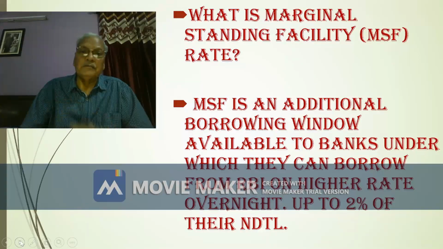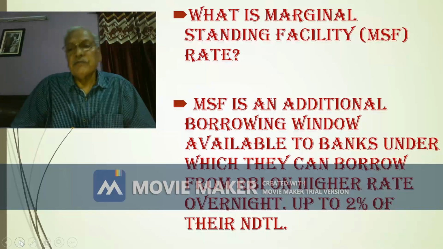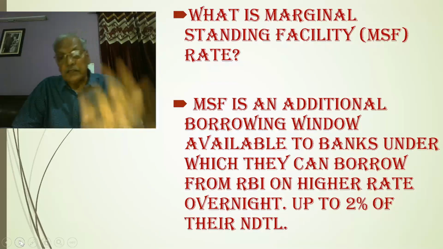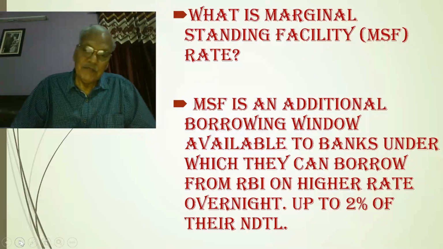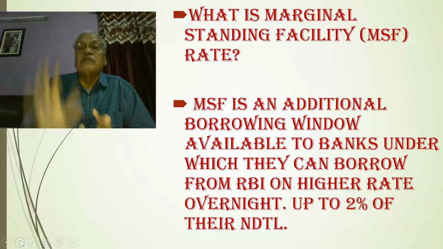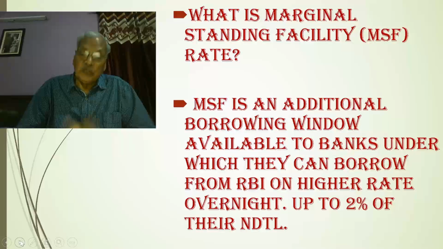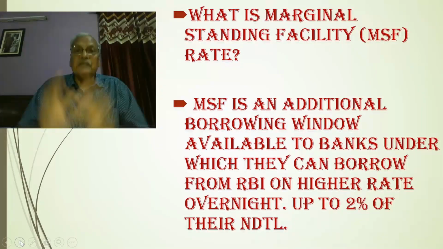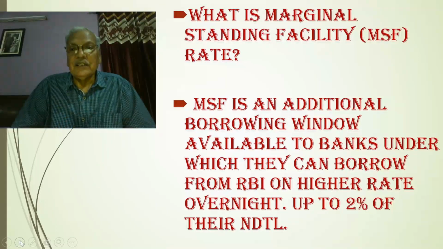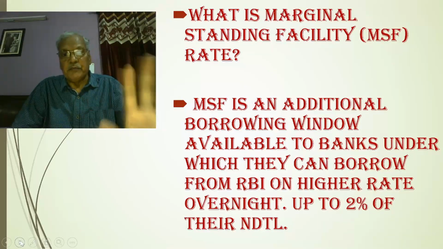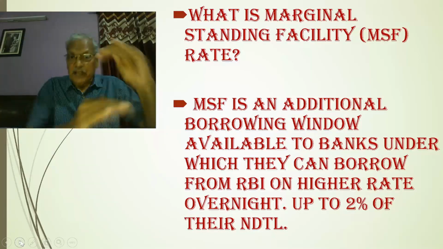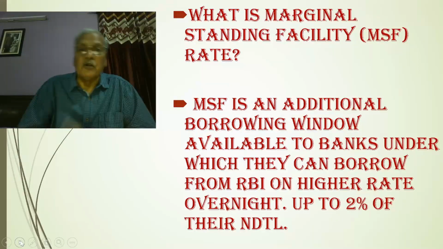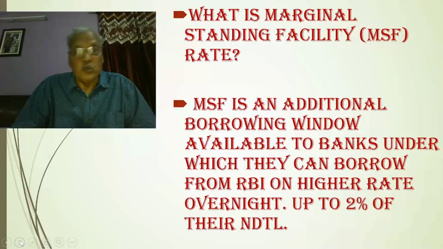This window is an additional borrowing window available to the commercial banks, but this borrowing is available at a higher rate and to a limit of 2% of their NDTL only. So this is a further, additional facility. If the bank is under stress, they can borrow under repo as per the availability, as per their percentage limit, and in addition to that they can borrow under the marginal standing facility also.